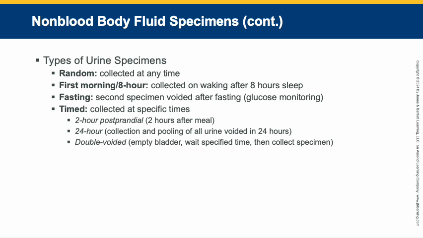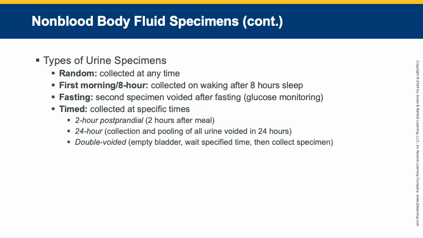This needs to be collected first thing after the patient has had preferably 8 hours of sleep. This is collected immediately when they wake up in the morning. This type of specimen typically has the best results for how their body is being able to break down substances.